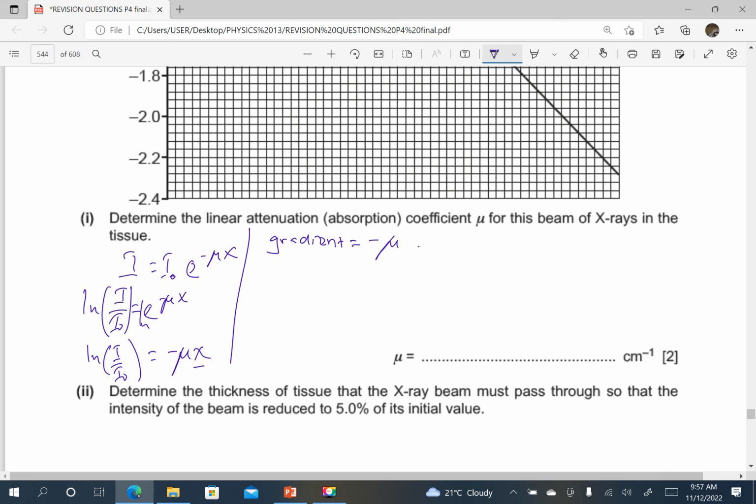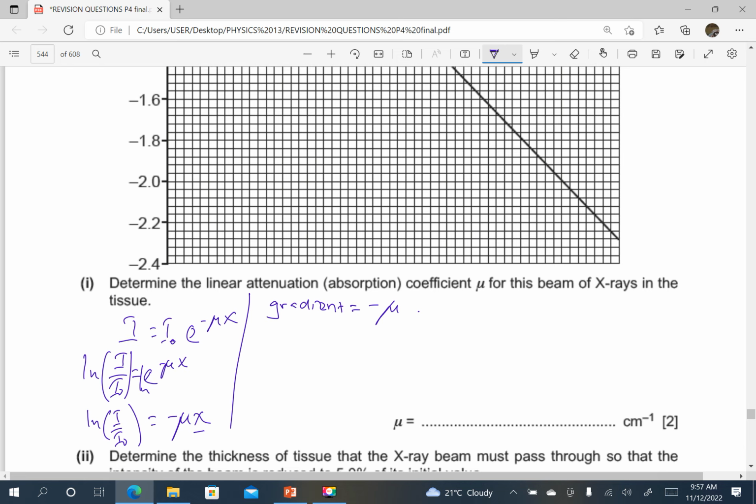I can even take the whole line. The scale here is 0.2 divided by 5, that is 0.04.